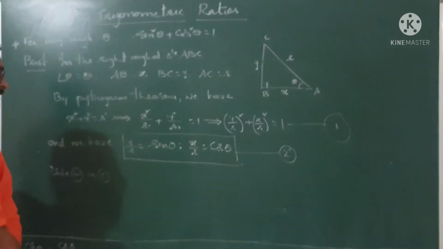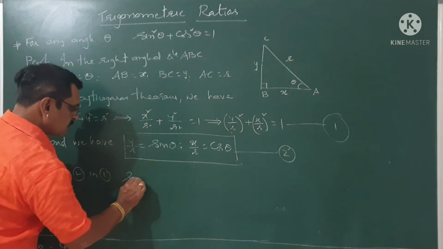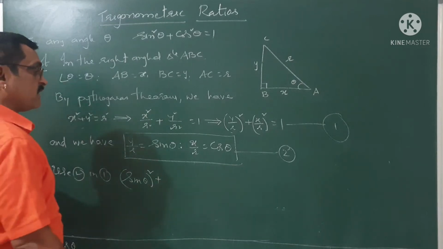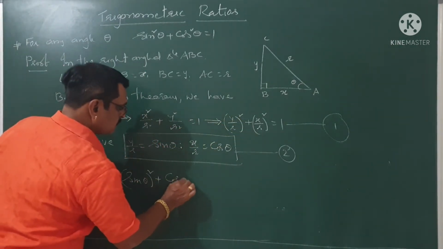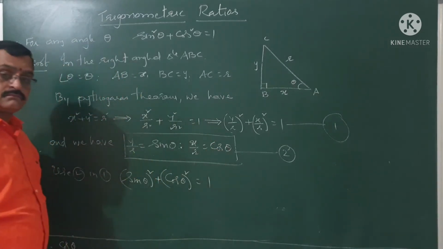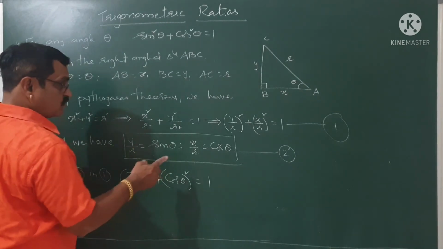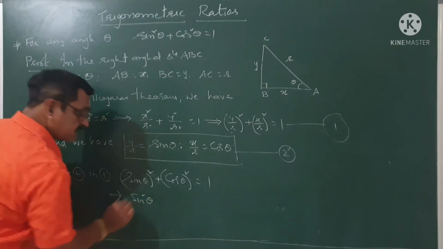We get, in the place of y by r, I can substitute (sin theta) whole square. In the place of x by r, I can substitute (cos theta) whole square is equal to that one. You write (sin theta) whole square. This can be written as sin square theta.